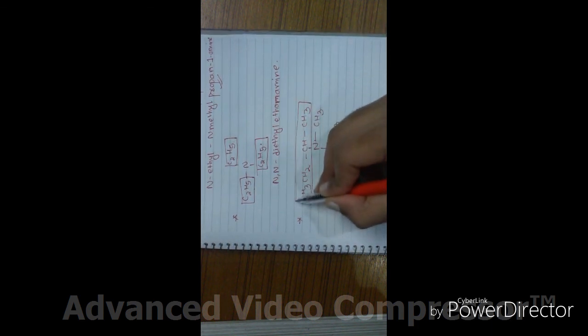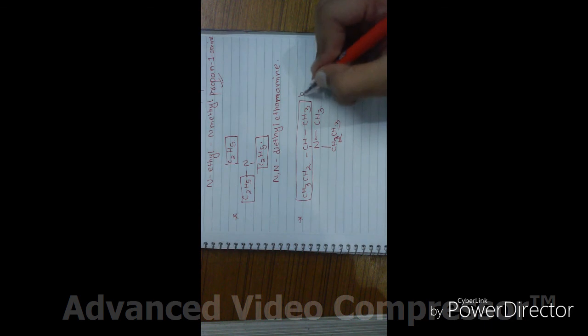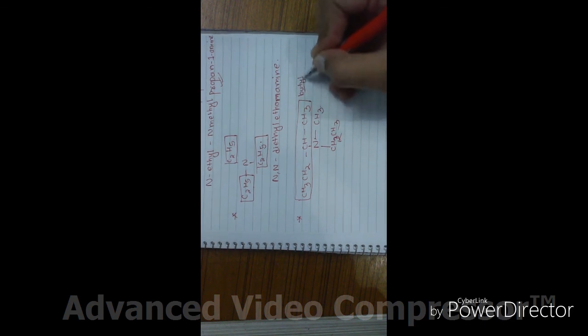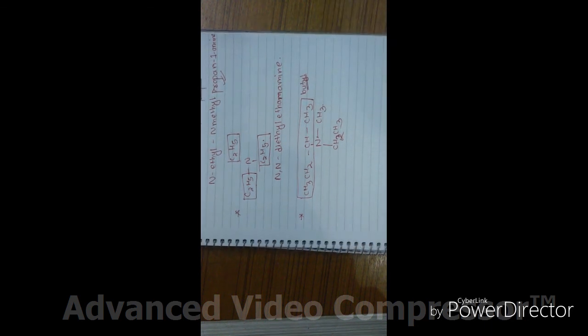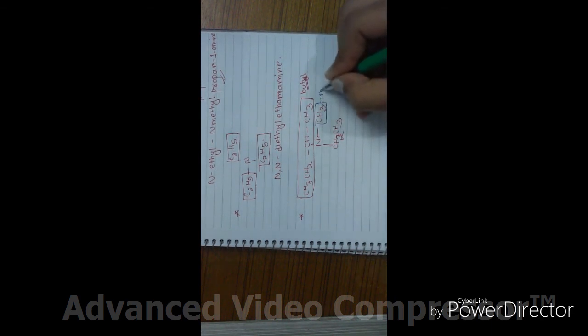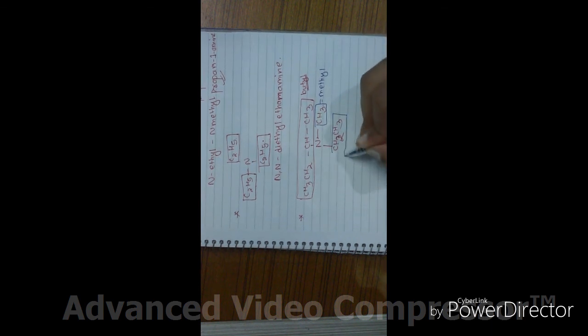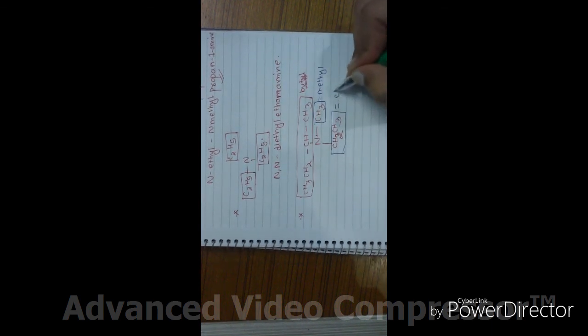So let's find out the longer chain. This is the longest chain, 1, 2, 3, 4. So this is a butyl group, and this is the smallest, this is methyl, and this is also smaller, so this is the ethyl group.